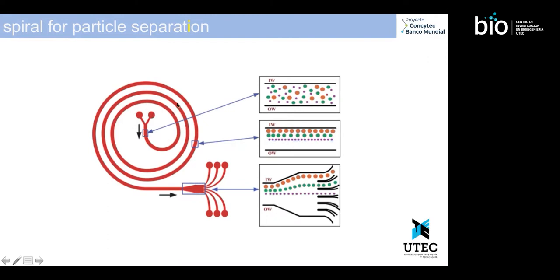They go around and they will start to separate. They'll line up at different sizes in distinctive bands. And then in the end, we can separate them out through different outputs. Of course, this is the ideal case, that everything's perfectly separated out. It's not going to work.